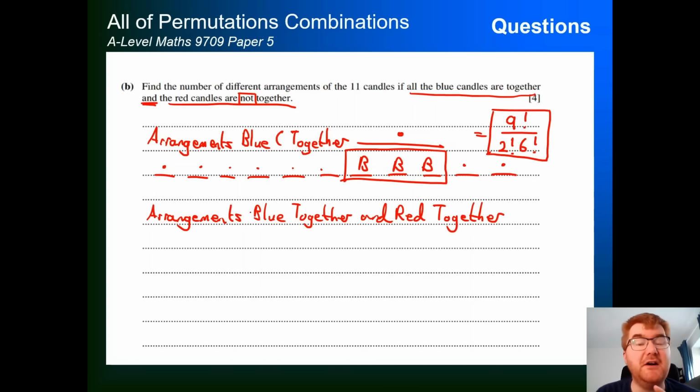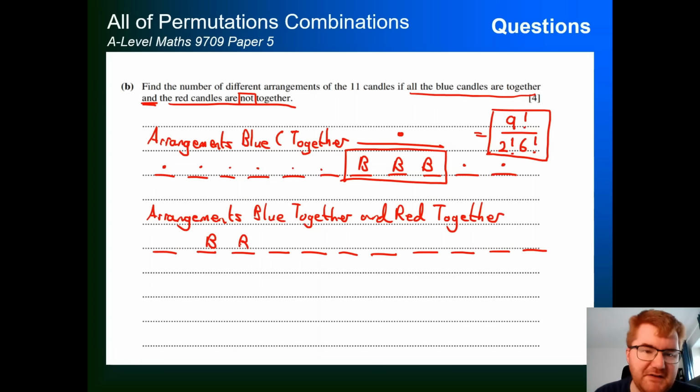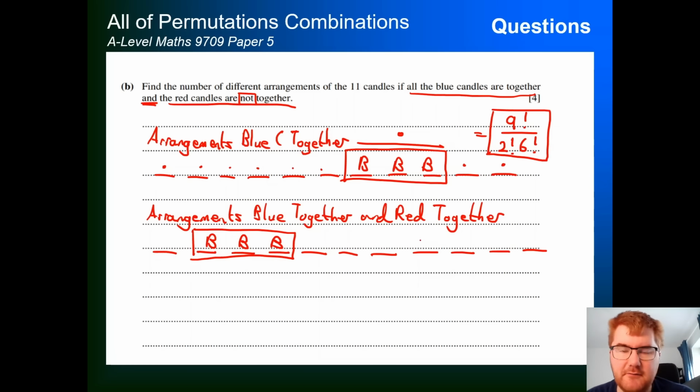Now we have a similar kind of question for arrangements of blue together and red together. So if I do my slots, 1, 2, 3, 4, 5, 6, 7, 8, 9, 10, 11. So we have the blues together. Let's put it over here, doesn't really matter. That's going to become one big slot like we did before. And the reds together. So we've got how many reds here? 2 reds. So we put the 2 reds together and consider that as one big slot.